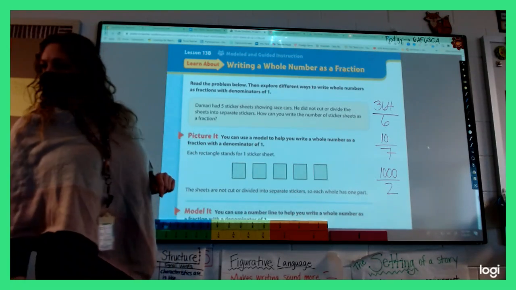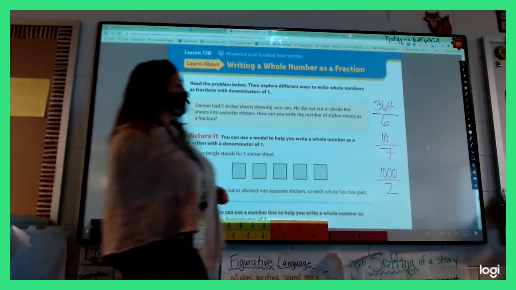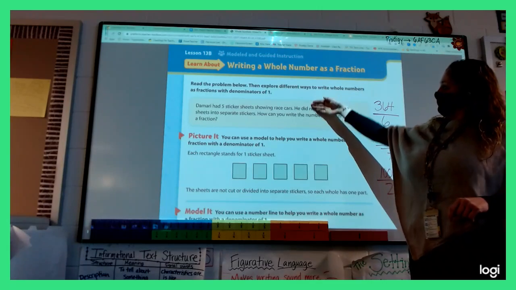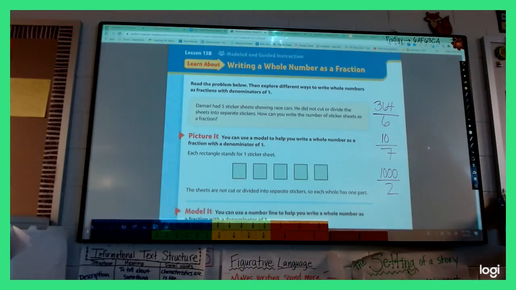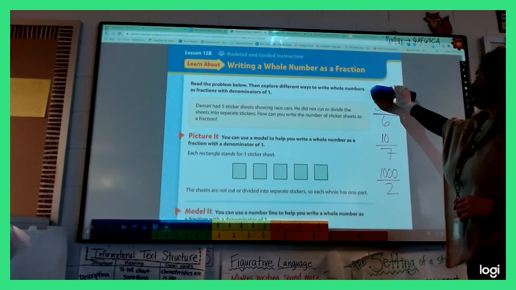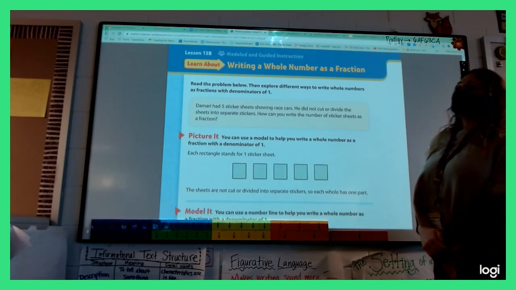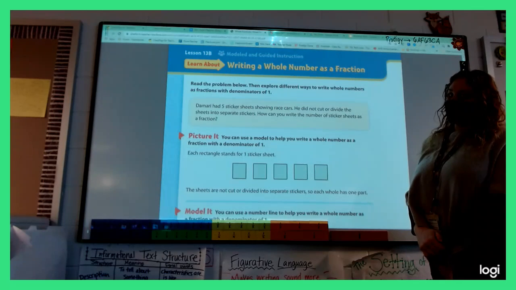So today we're going to keep thinking about improper fractions, and we're going to start on page, what was it? 168. All right, and I need a reader to start here in the black and then read the yellow. Zoe, nice and loud. Read the problem below. Then explore different ways to write whole numbers as fractions with denominators of 1.